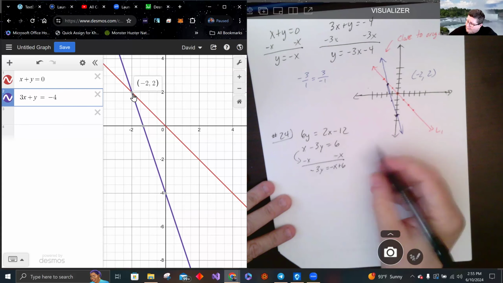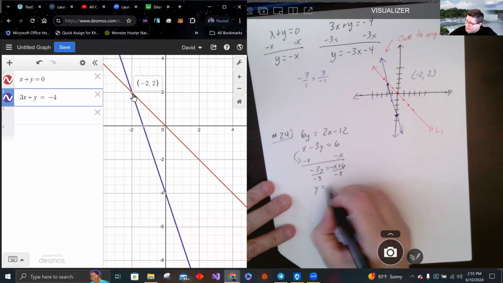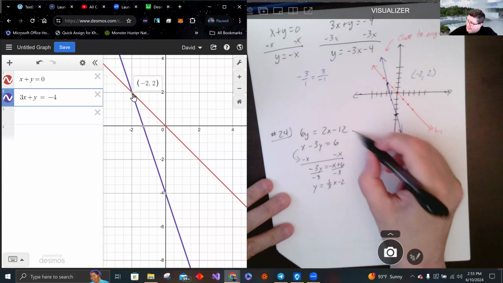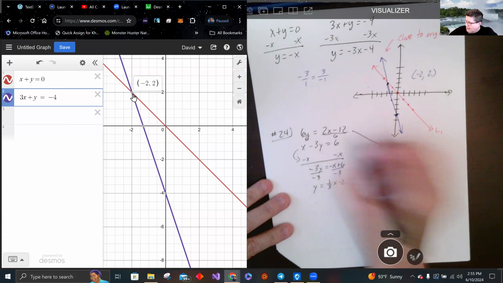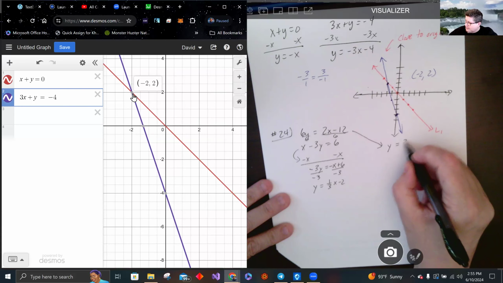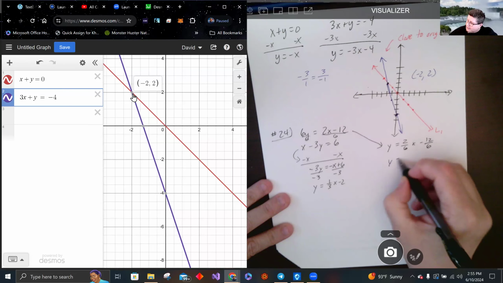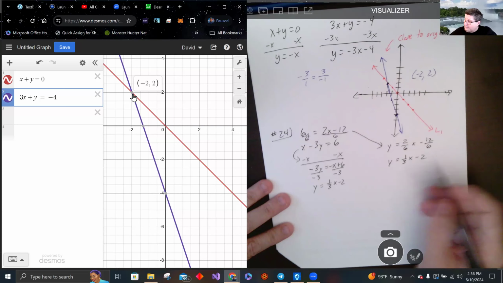And I divide by -3, and I get y equals 1/3 x minus 2. If I do that here, I divide by 6, get y equals 2/6x minus 12/6, which is 1/3 x minus 2. We got the same line.